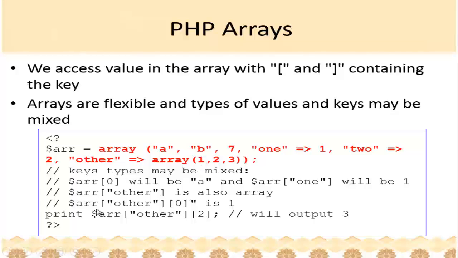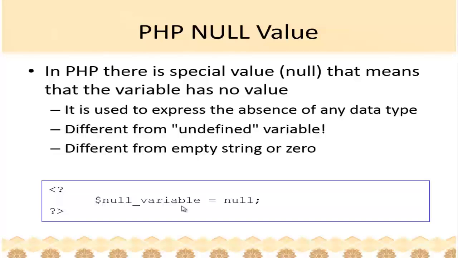Same thing, you just write ARR of other and then start giving the indexes of the inner array which is there inside it. If you want the first element, again you put it in the square brackets and specify the index. If it had a key, then you specify the key instead of the index.